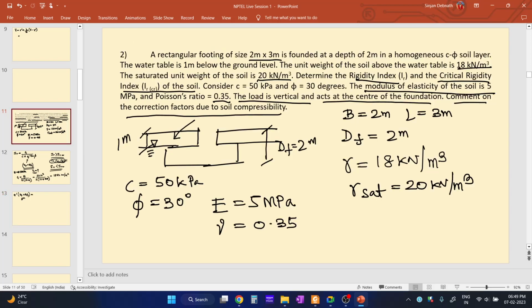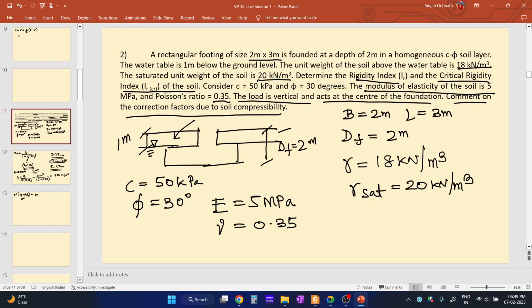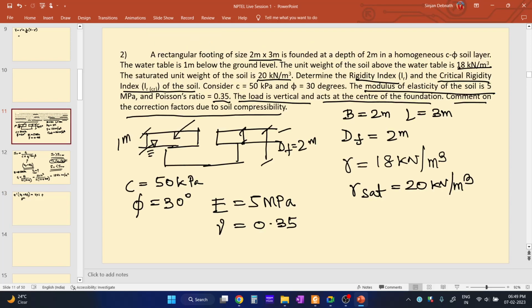So see, this one is gamma into this depth, 1 plus this one is 1 meter, that is Df plus B by 2.